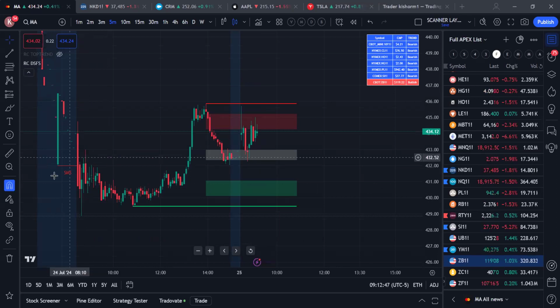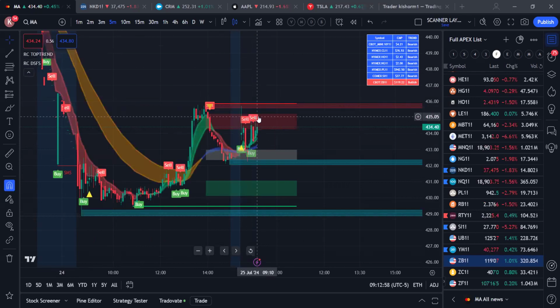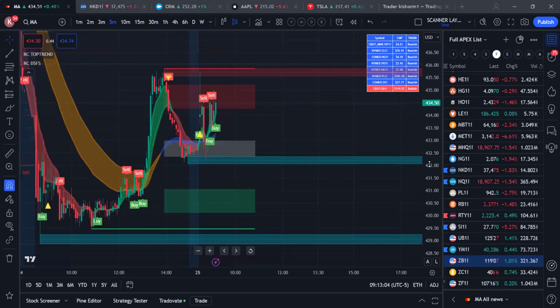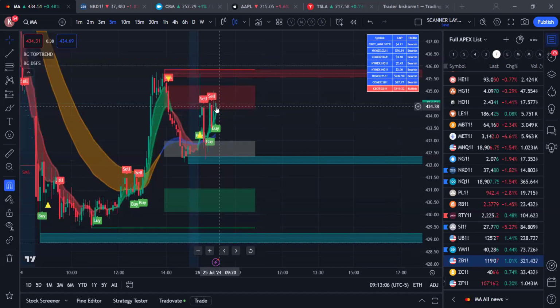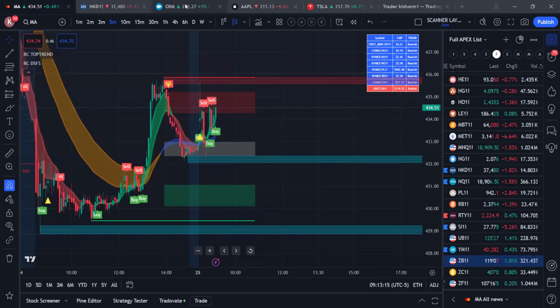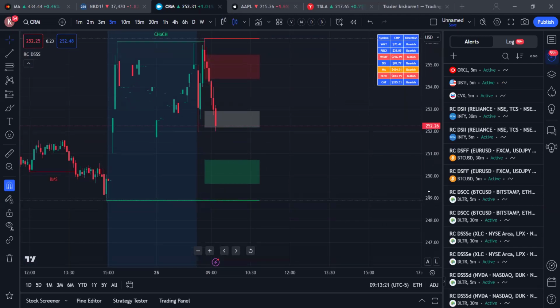So MA is overall a bearish ticker. It touched the support and went all the way up. Now it is in the premium area. So if we get a sell signal, if it touches the resistance and we get a sell signal, it's a good one to buy the puts. CRM is still dropping. Yeah, I trimmed 80%, kept one out of five.